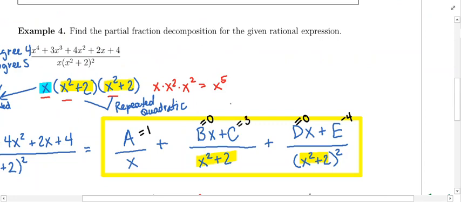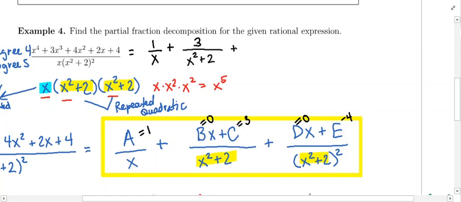So we should be able to write down our partial fraction decomposition. Our original fraction is going to be equal to a over x, that's 1 over x, plus the b is 0 here, so the bx is going to go away because b is 0. We still have the plus c in the top, so this is going to be 3 over x squared plus 2.